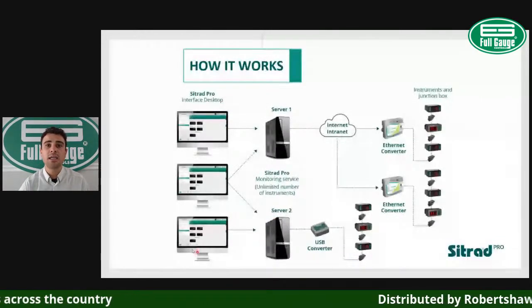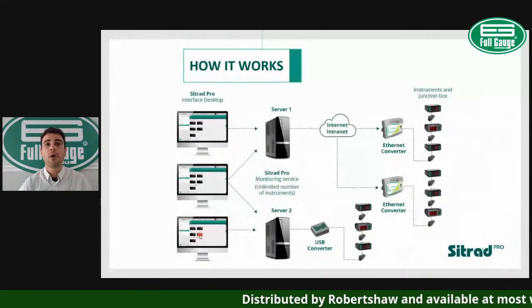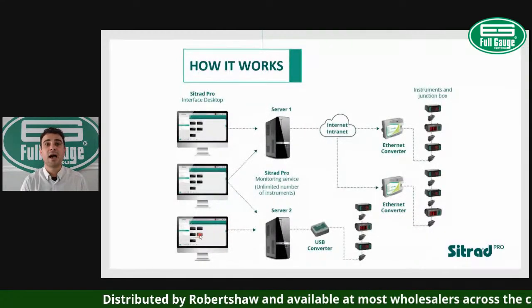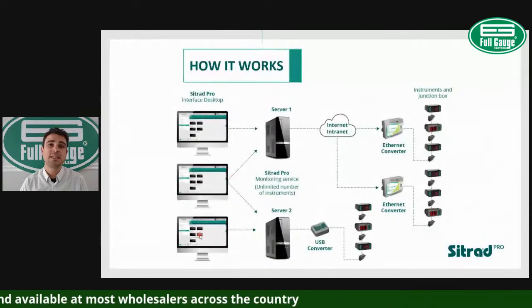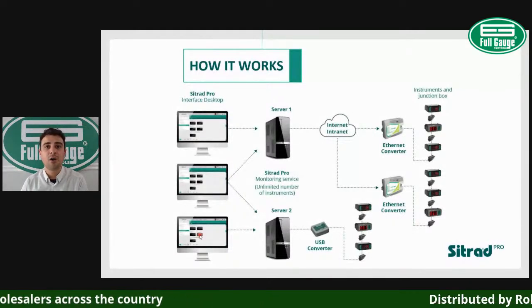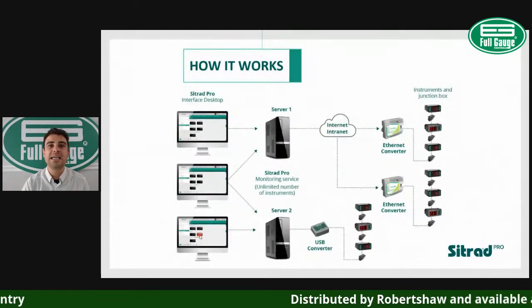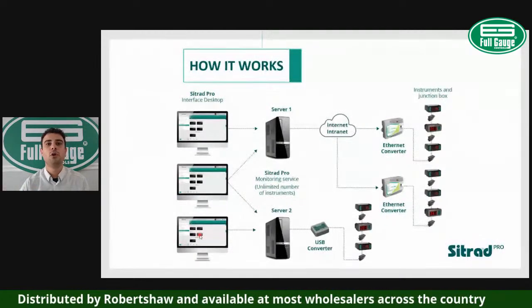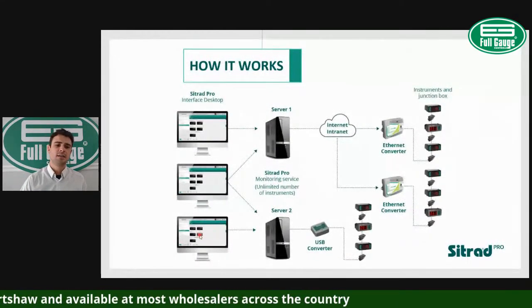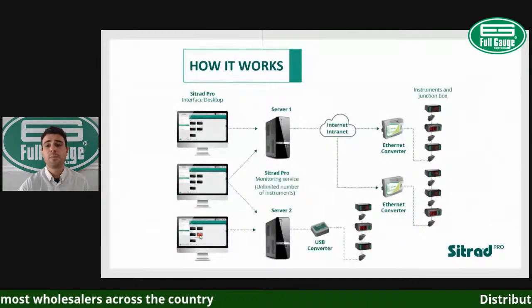So I can log into that server from anywhere in the world via IP address and serial port. In fact, every C-TRAD Pro software now has its unique ID. Its unique ID replaces the need of knowing your IP address. So basically that's what it does.